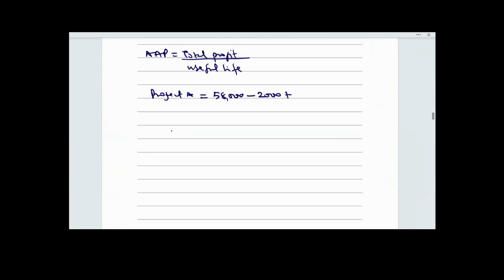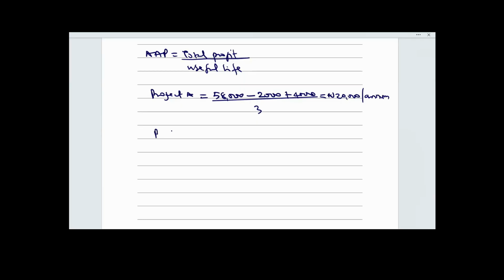So we add the three of them together, then we divide it by 3. Okay? 58 minus 2,000 will give us 56. 56 plus 4,000 will give us 60,000. 60,000 divided by 3 will give us 20,000 naira per annum.